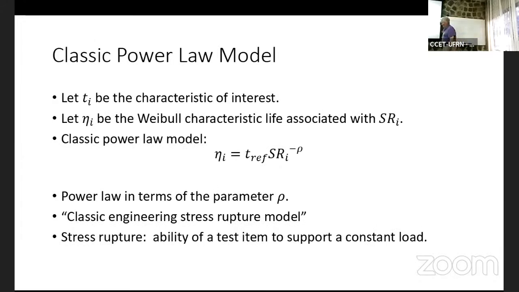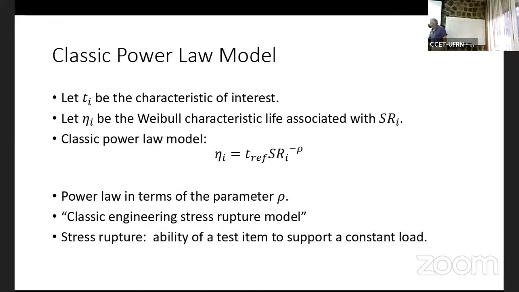T will be the characteristic of interest. Eta, I used eta for the characteristic life in the first lecture. We'll still use that. So it's the characteristic life associated with that particular stress ratio. And this is the classic power law model. It's in this form right here.